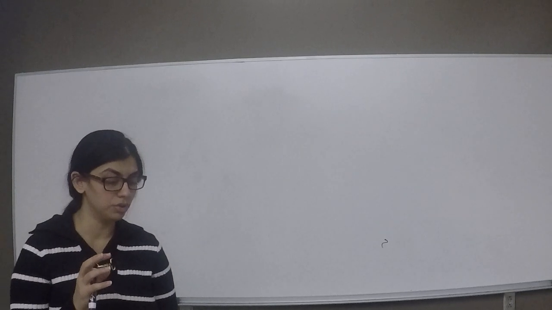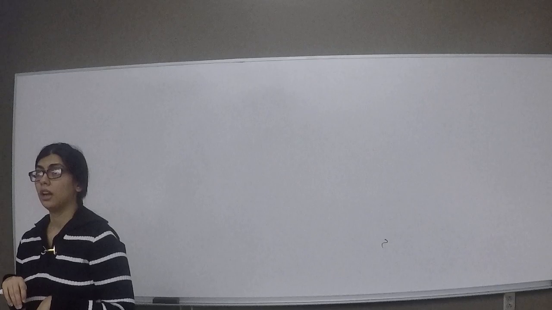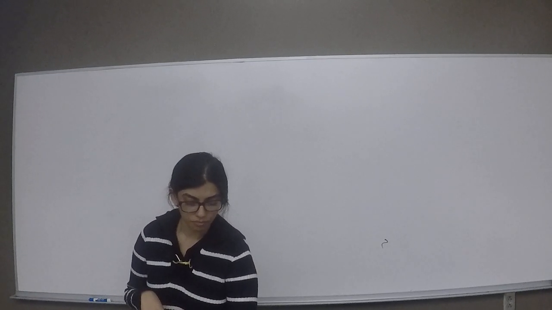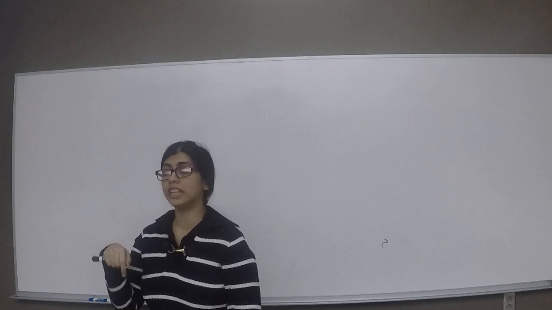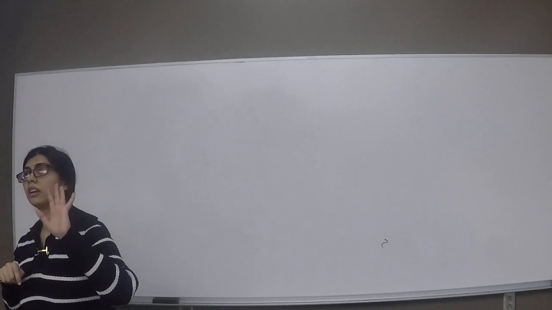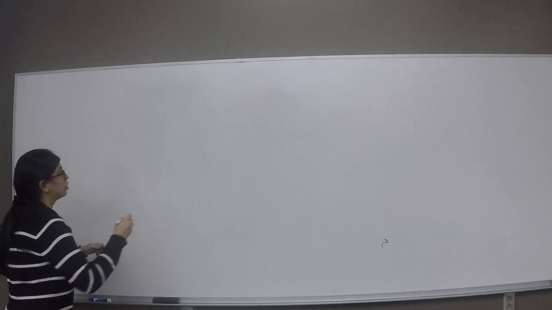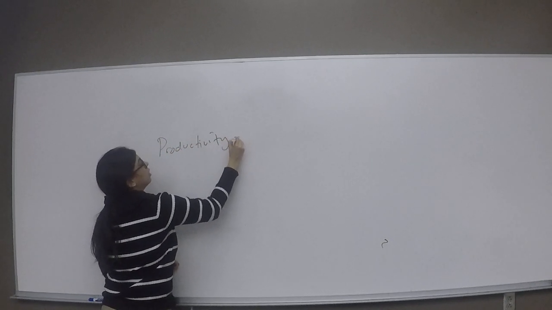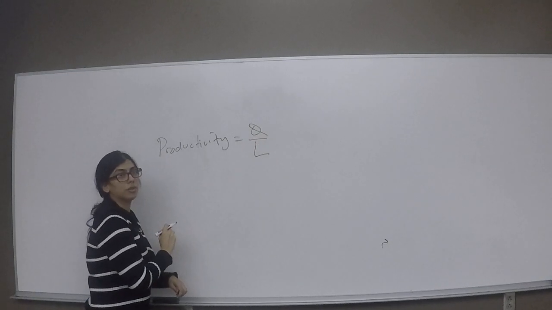So productivity is equal to quantity produced divided by labor. And then we said that if you decrease labor, keeping quantity constant, then productivity will increase. That's just how fractions work, right? So productivity is equal to quantity divided by labor, right?